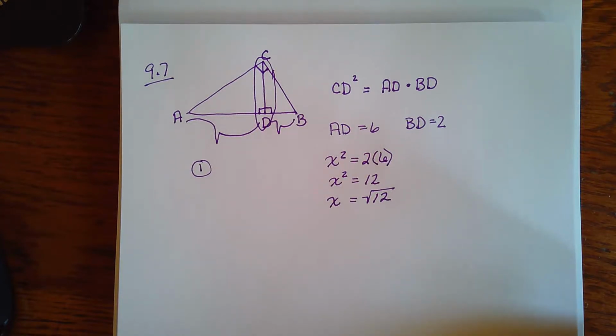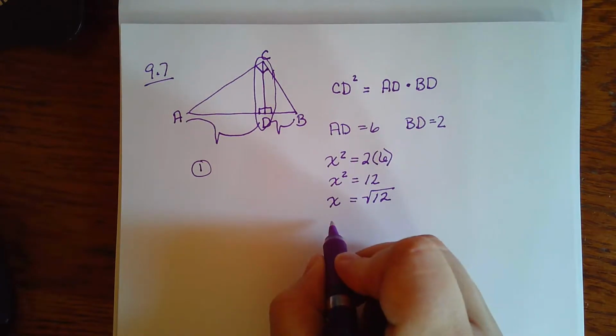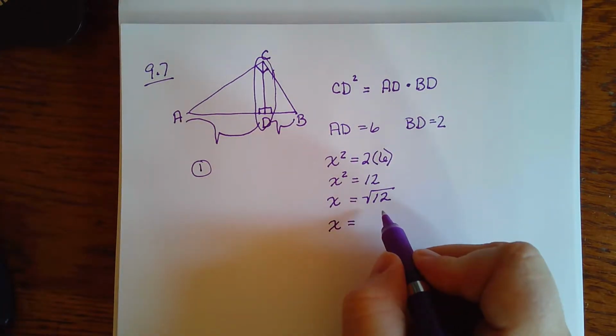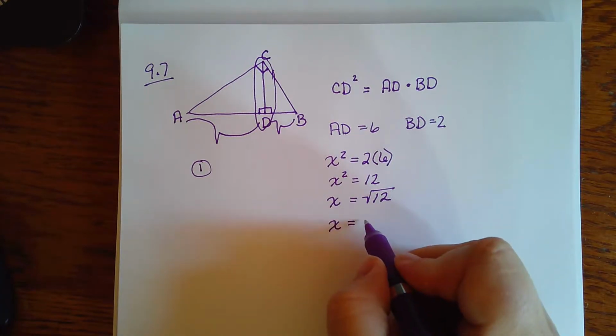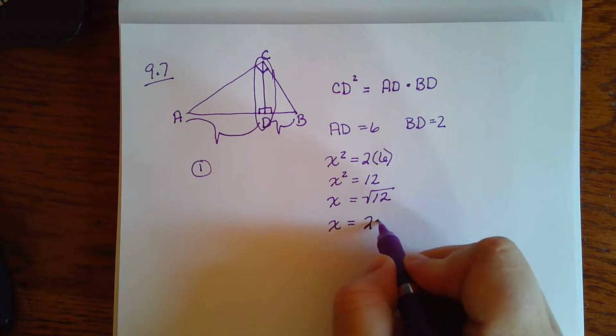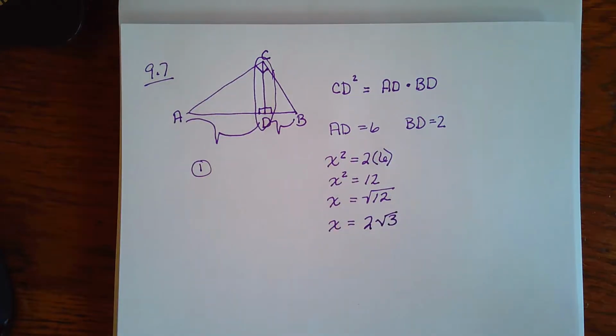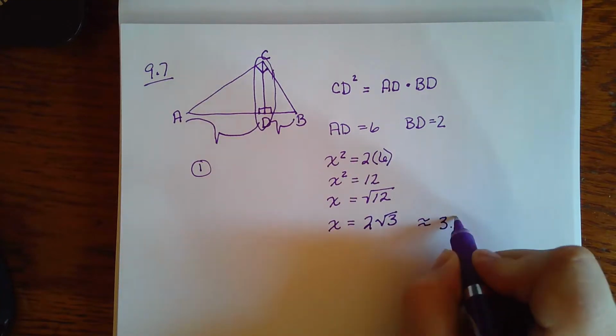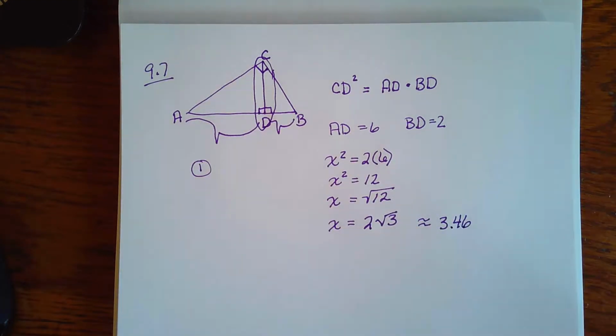And exact terms is going to end up equaling x equals, now if you don't recall, go back to 9.1, rationalizing your radicals, because this is going to be 2 square root 3 as your final answer. So if you put it in your calculator, you're going to notice that is roughly 3.46. Okay, so that's geometric mean for number 3.